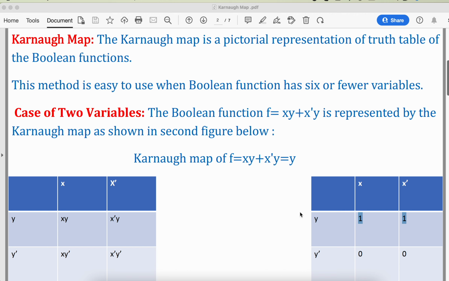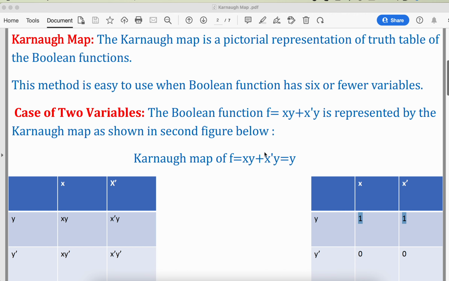For a Boolean function of n variables, the Karnaugh map will have 2 raised to power n squares representing min terms of the Boolean expression. Each square contains either 0 or 1. The value 1 in a square represents a product term present in the expression, otherwise 0 is written in the square.